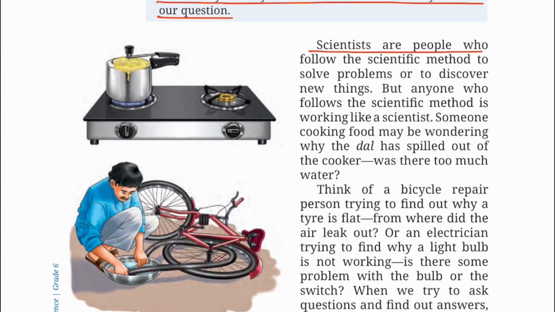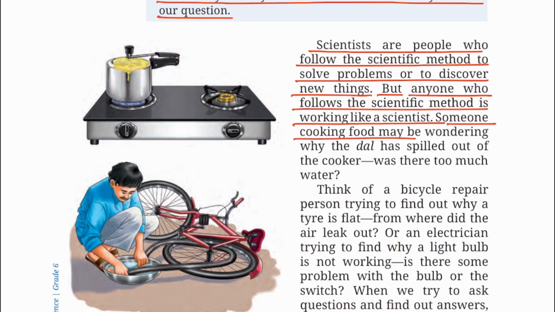Scientists are people who follow the scientific method to solve problems or to discover new things. But anyone who follows the scientific method is working like a scientist. Someone cooking food may be wondering why the dal has spilled out of the cooker. Was there too much water?